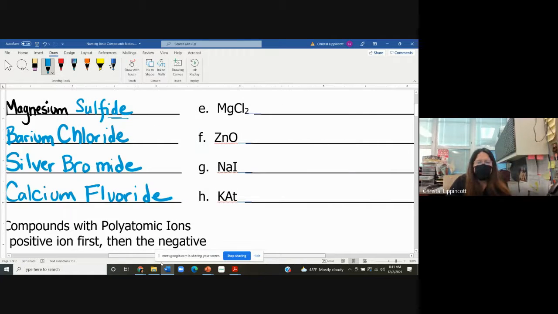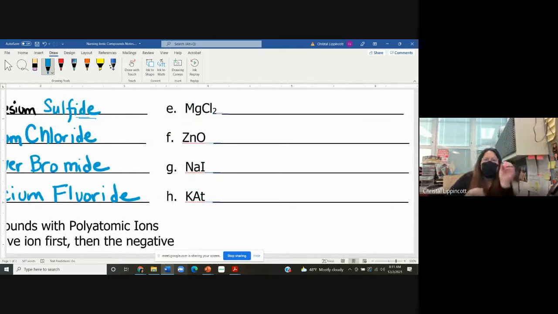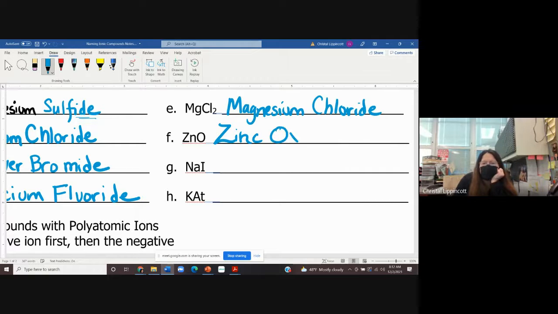Okay, moving on. We have magnesium here. This is going to be what? Magnesium chloride. Zinc. Does zinc have more than one option? Nope. So we go on. What is this going to be? This is oxygen. What does it change to? Oxide. Yep. Not oxygenide. Ew. Oxide. Yep, exactly.